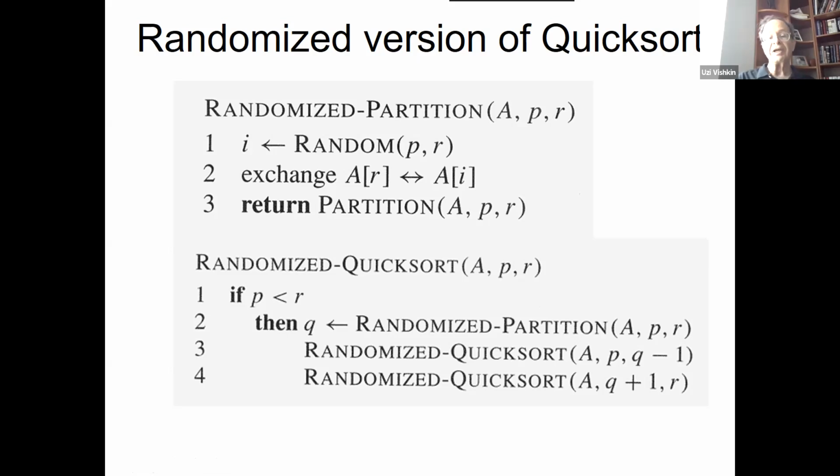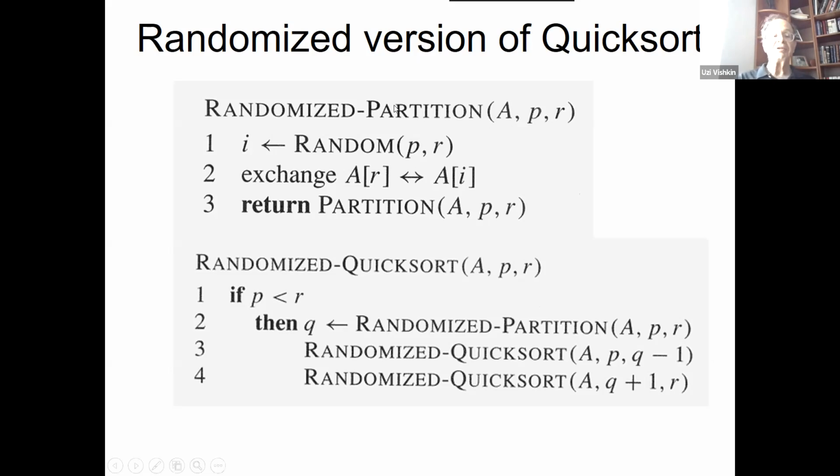Okay, so now we have that any element in the range between P and R in the subarray can be the pivot. But because the people behind the book are lazy, what they do is the following.